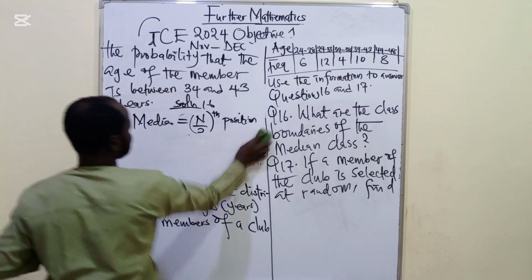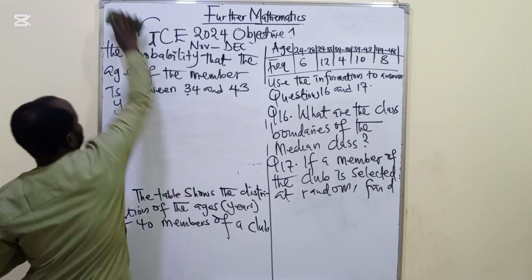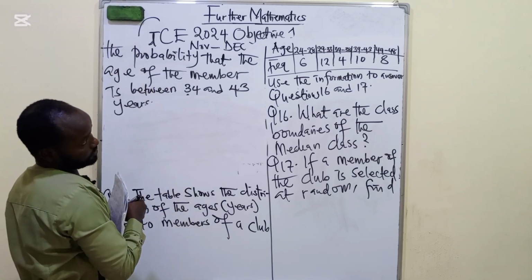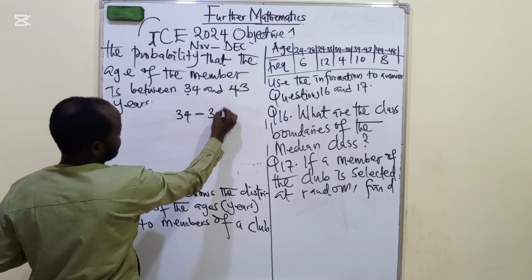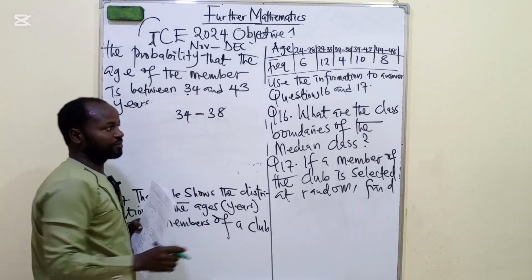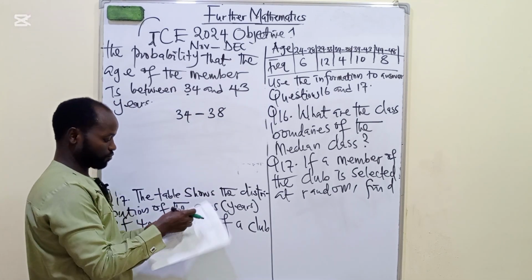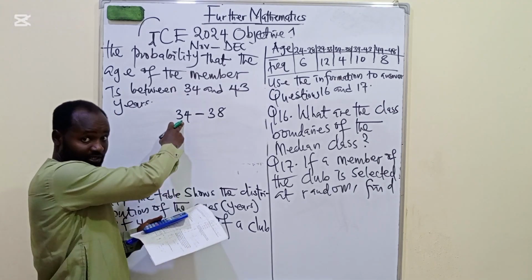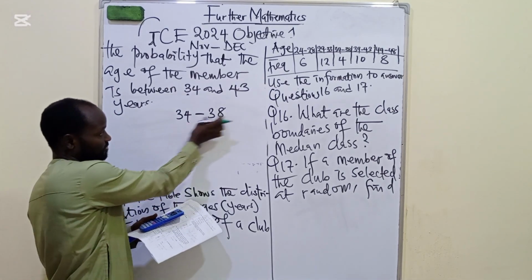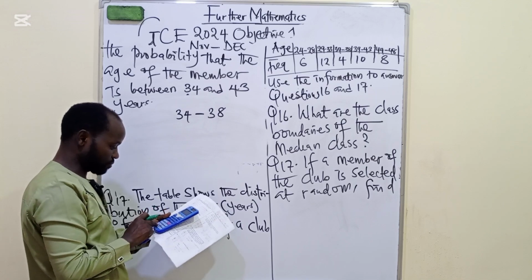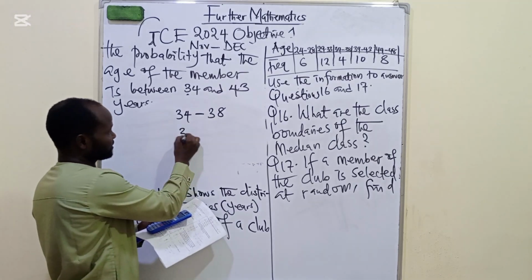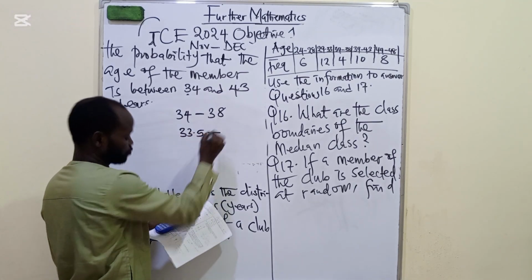Let me remove this to do that. We have identified the median class as 34 to 38. To find the class boundary of this, we subtract 0.5 from the lower class interval. This is the lower class interval and this is the upper class interval. So 34 minus 0.5, we have 33.5.